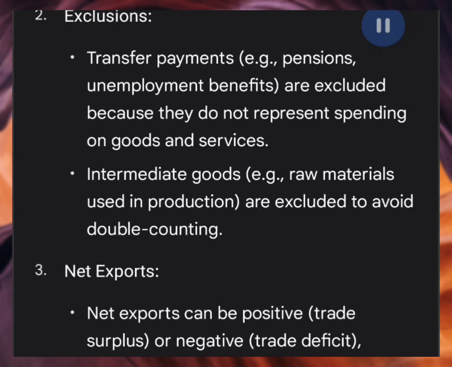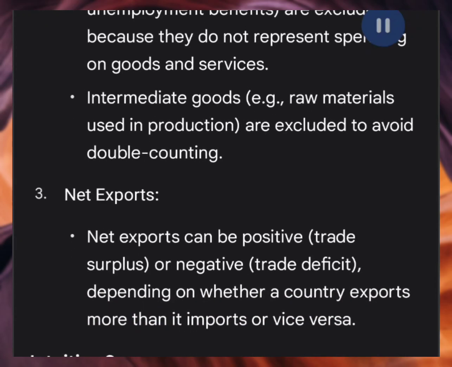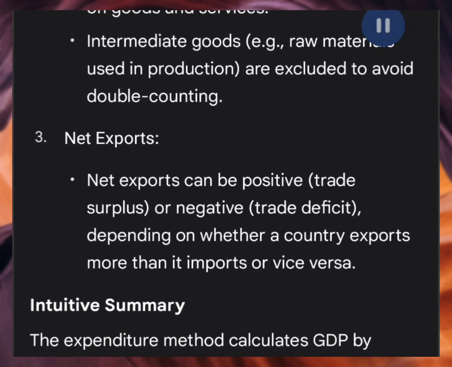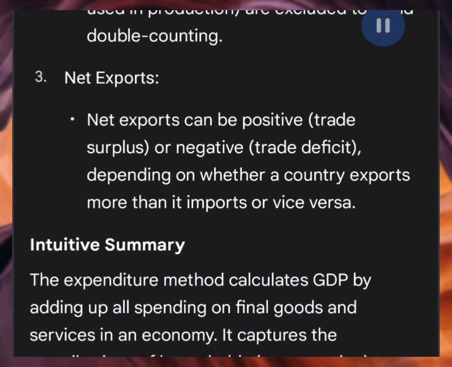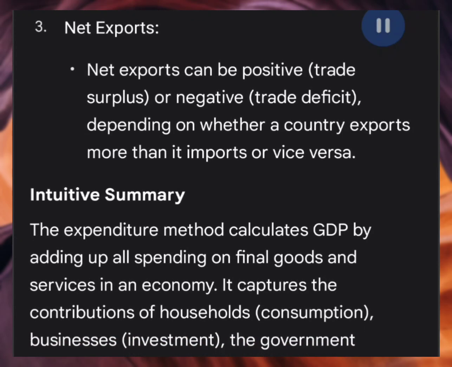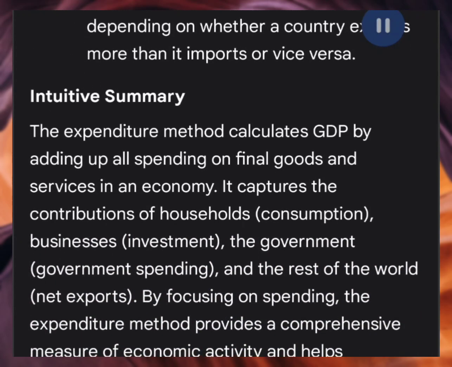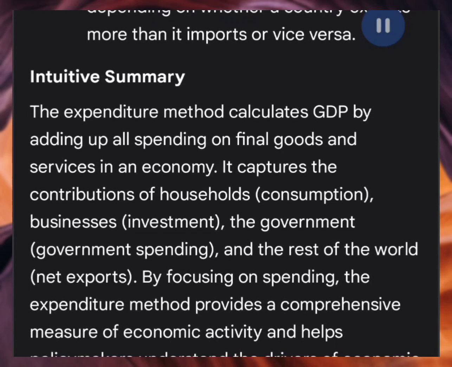Intermediate goods, e.g., raw materials used in production, are excluded to avoid double counting. 3. Net exports. Net exports can be positive, trade surplus, or negative, trade deficit, depending on whether a country exports more than it imports or vice versa.